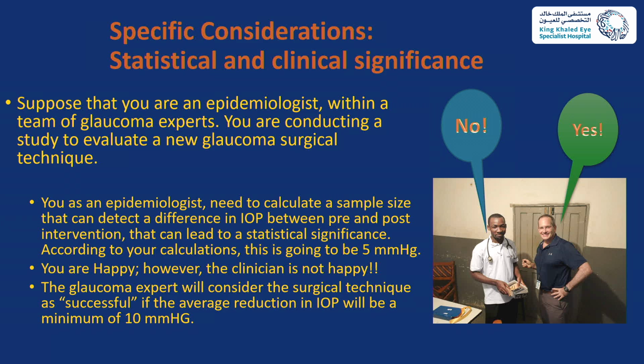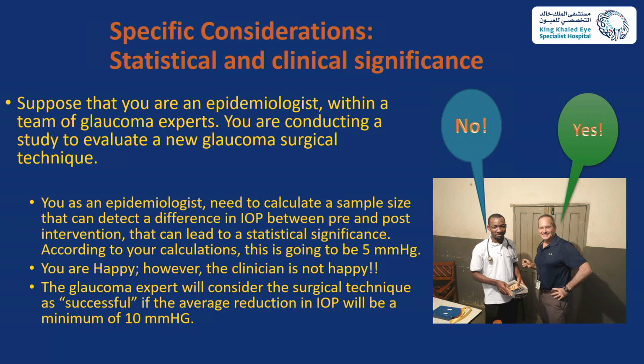The issue is simply that you are a glaucoma surgeon and I am an ocular epidemiologist. So I tell you that if you reduce the IOP by 10 millimeters mercury, and I do my calculations, I give you evidence that the p-value is significant. This is what we call the epidemiologic significance, because numbers are giving me significance.